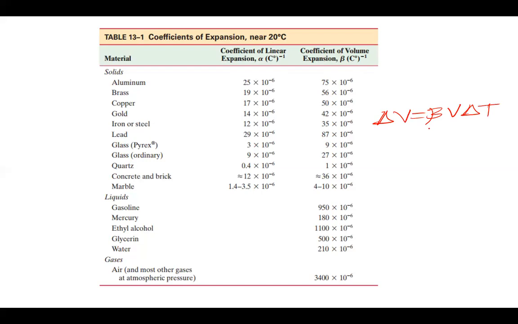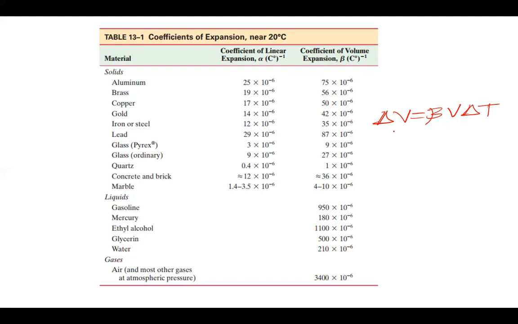So in terms of volume, you just change the parameters. While there was L, you put V, and while there was alpha, you put beta for volume expansion.